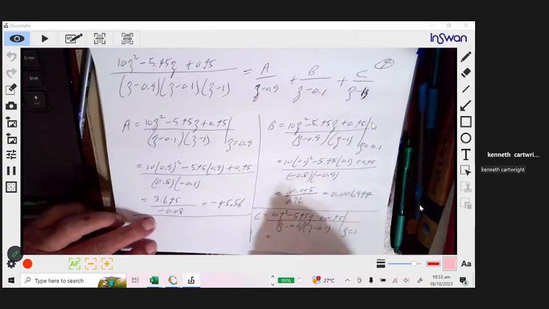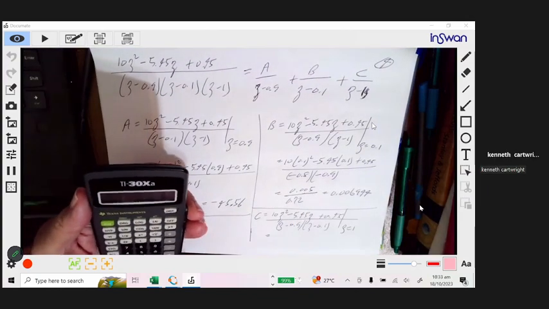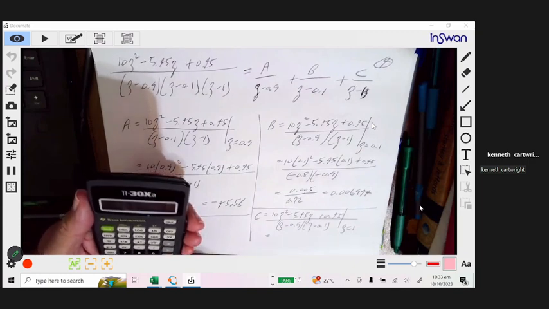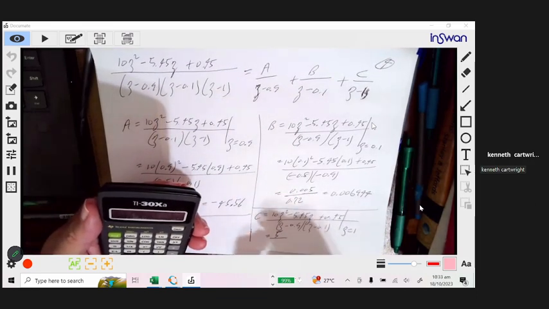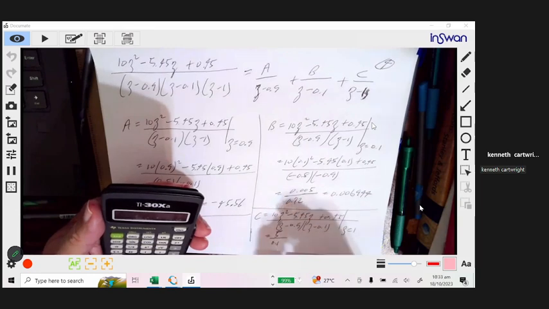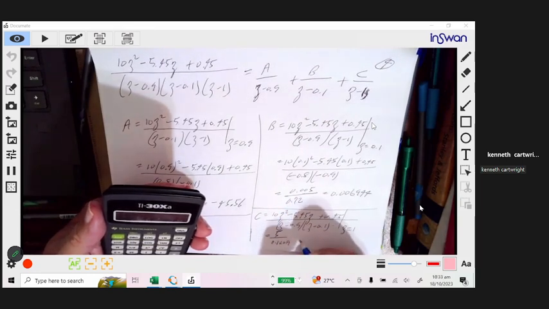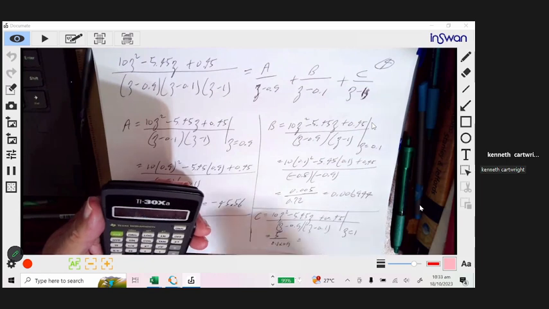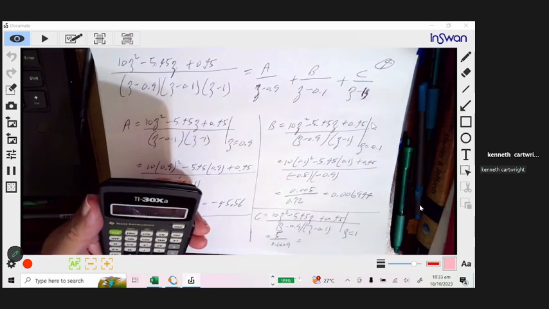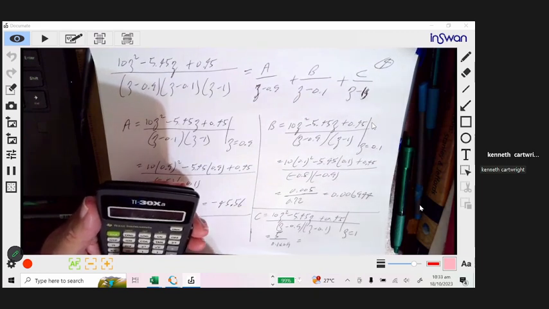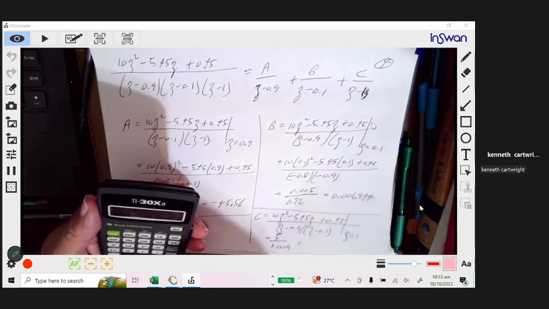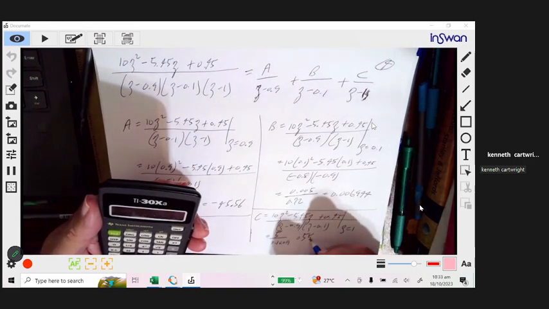So the top becomes 10 minus 5.4 plus 0.45, which is 5, divided by 0.1 times 0.9. Reciprocal times 5, 55.55.